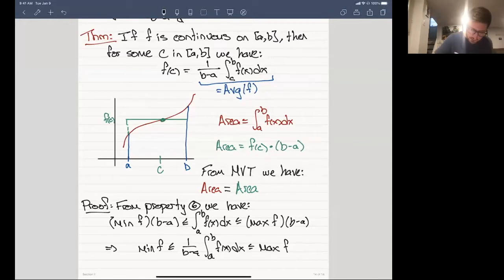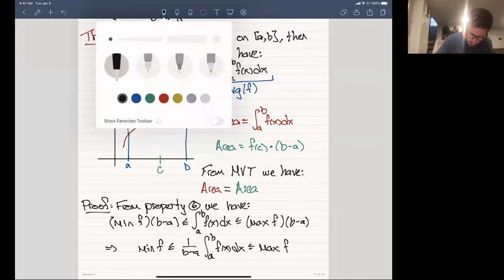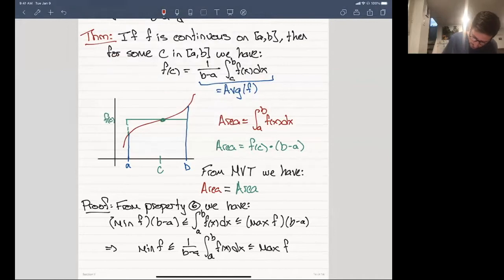Again, this makes sense. Let me show you on my picture. Right here is the maximum of f, right here is the minimum of f, and right here is the average of f.